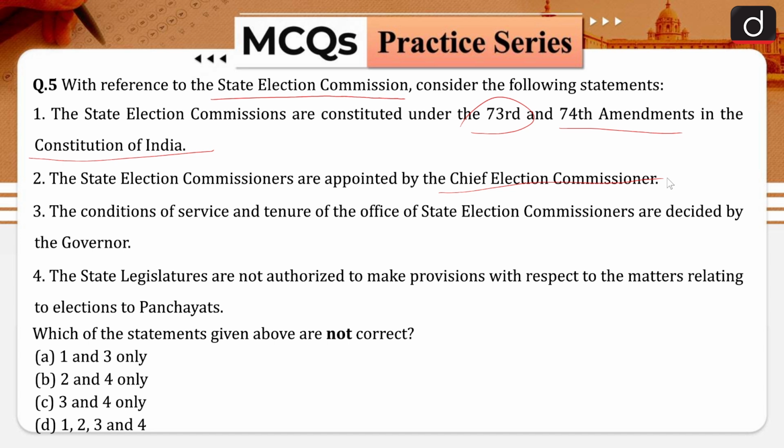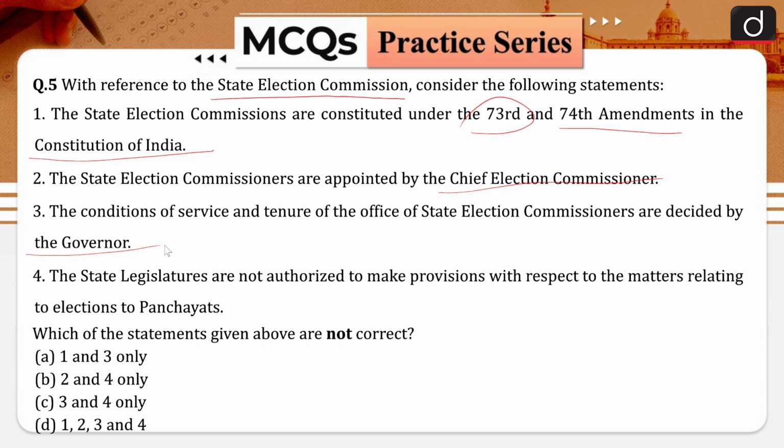Statement number 3: The conditions of service and tenure of the office of state election commissioners are decided by the governor. Statement number 4: The state legislatures are not authorized to make provisions with respect to the matters relating to the elections to the panchayats.